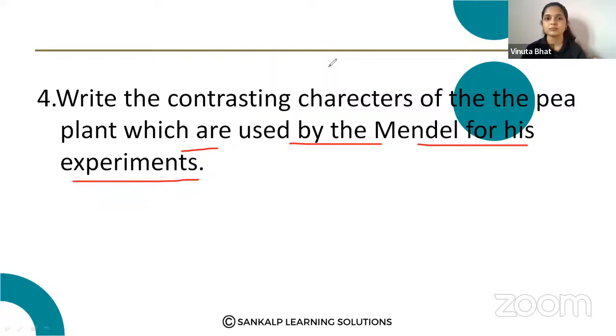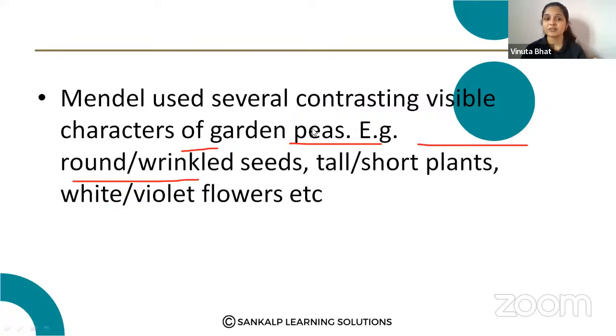Mendel used several contrasting visible characters of the garden peas, that is, round or wrinkled seeds, tall or short plants, white or violet flowers, or the position of the flowers.